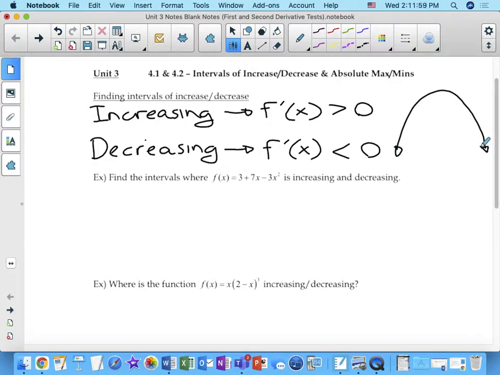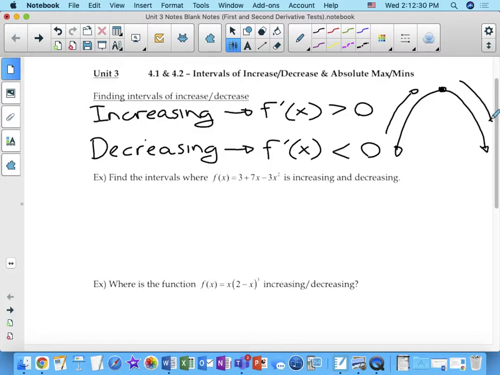The function is increasing essentially up to this point, and then it starts to decrease. If you look at the slope of the tangent line up to the max point, the slope of the tangent line is positive up to that point, because if we were to draw a tangent anywhere up to here, that tangent would slope upwards to the right.